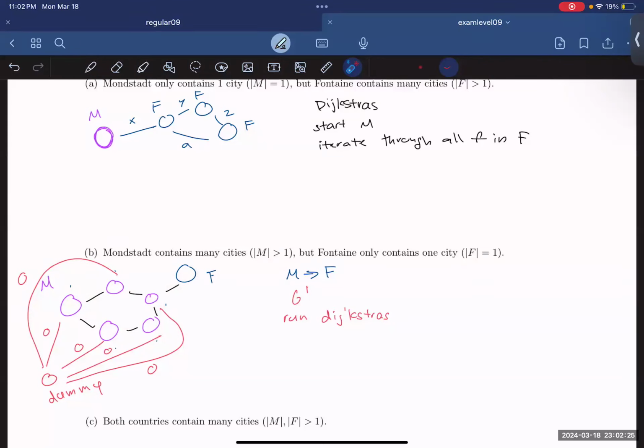The way this works is that each path in the original graph from any city in M to F corresponds to a path in the new graph G prime that starts from D and ends in that singular city in Fontaine. And because the weight we set on all of these edges is 0, it doesn't add any length to the railway from one city to the other. Therefore, our algorithm can correctly compute the shortest path from any starting city in M to that singular city in Fontaine.